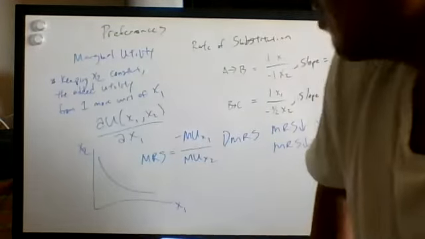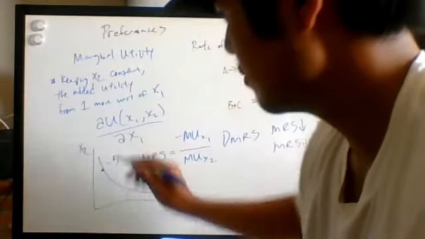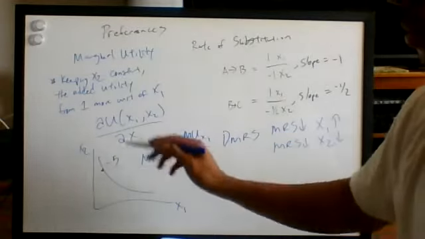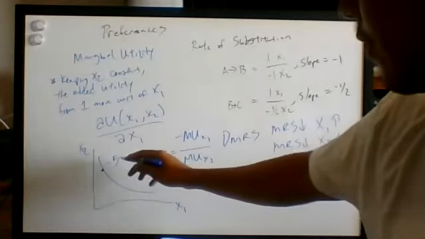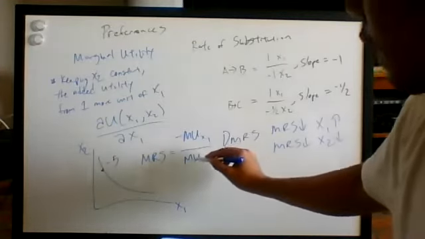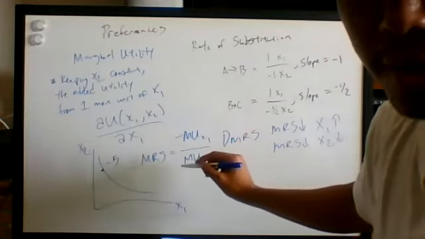So say that my MRS at this point right here is -5, right? And so when my MRS is -5, that means that the ratio between the marginal utility of good 1 over the marginal utility of good 2 is -5 to 1, right?